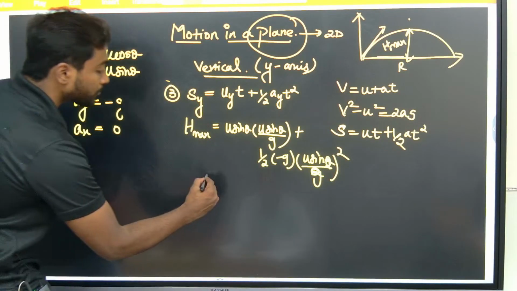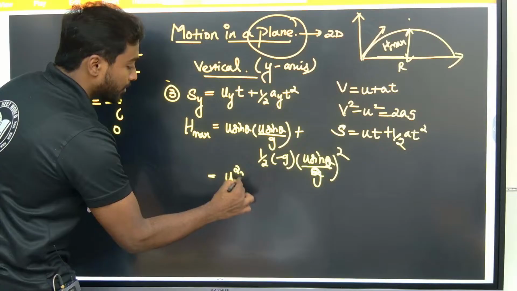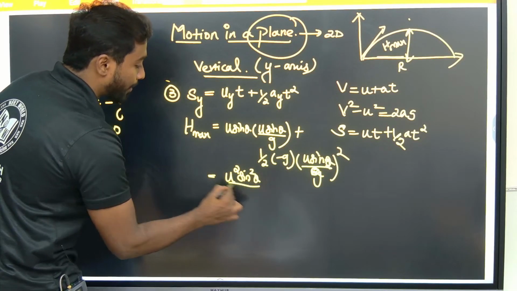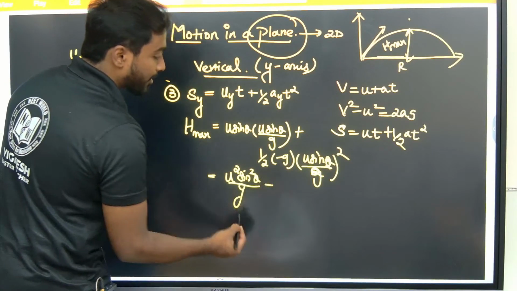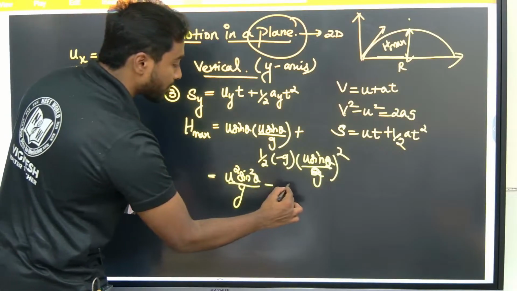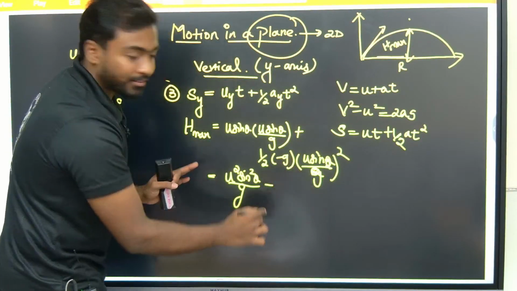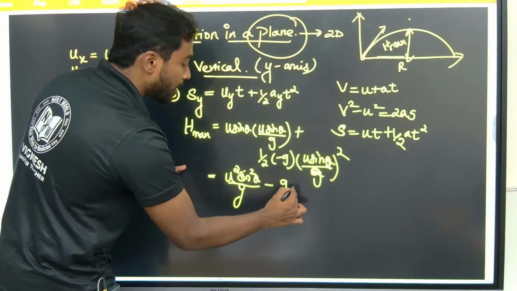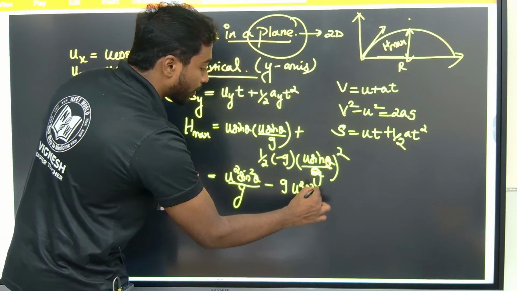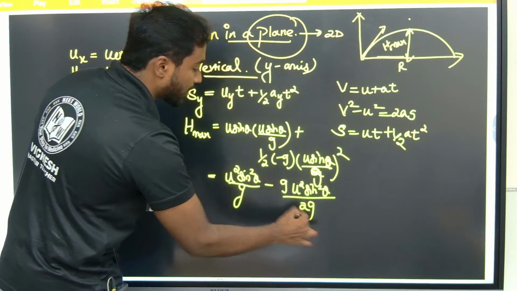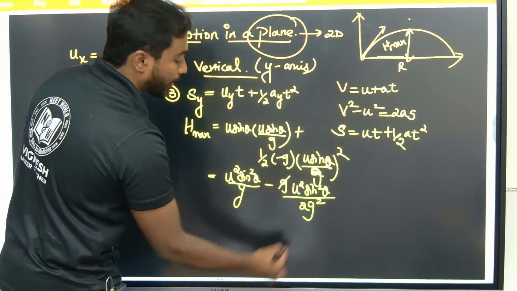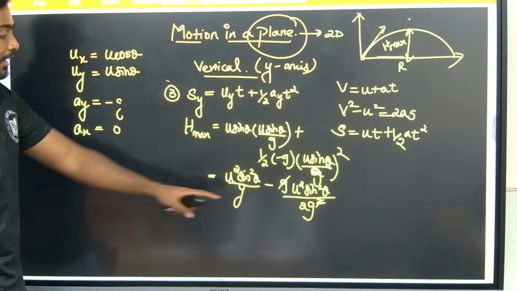I will do here, u square sin square theta by g minus, I have taken minus as it is, so g and g will get cancelled. I will keep g here, g u square sin square theta by 2g, g and g square, g and g will get cancelled out. Remaining how much?